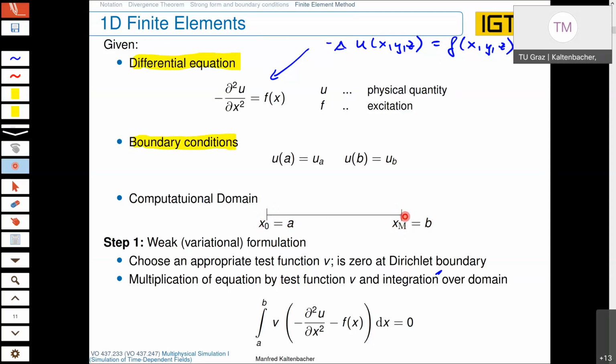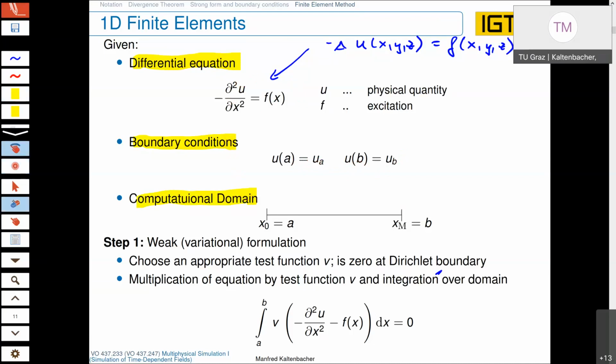These are just 2 points in 1D. As you can see, we have defined a fixed value of our unknown function u at the left boundary being ua and at the right boundary being ub. Okay, so we have everything. We have our partial differential equation, in our case just a differential equation because we have just one coordinate here. We have the boundary condition and we have the computational domain.